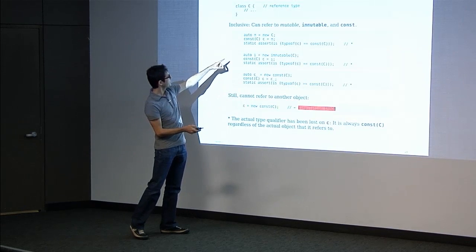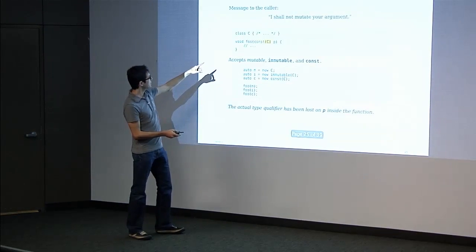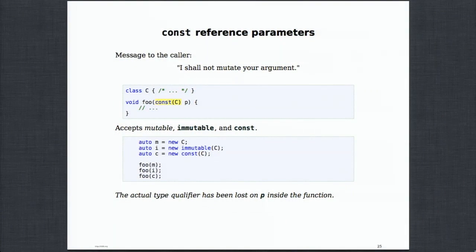This was const references, and they are all local. Let's put a const reference on a function parameter. And this is again great. This function can take mutable, immutable, and const. Here, I can pass all of them. So when you have a function like this, the message that the function is giving out is, I shall not mutate your argument, which means you can give me anything you want.